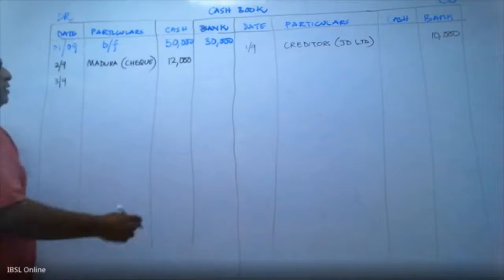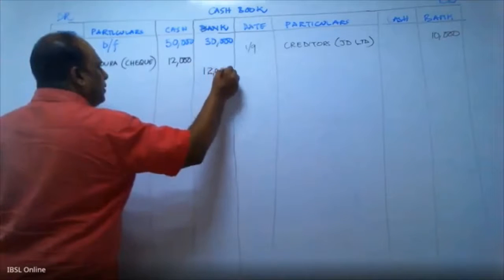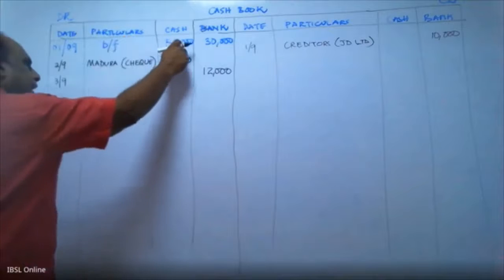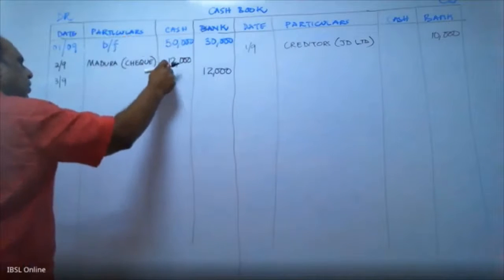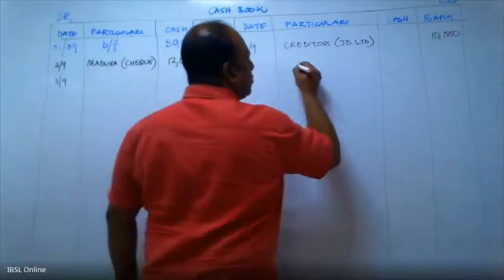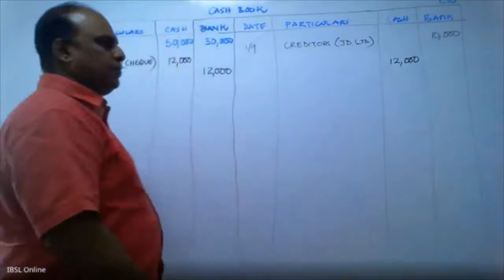What happens? The 12,000 will come into your bank account and the entry that you posted in the cash column will have to go out. So that 12,000 will go out from your cash.